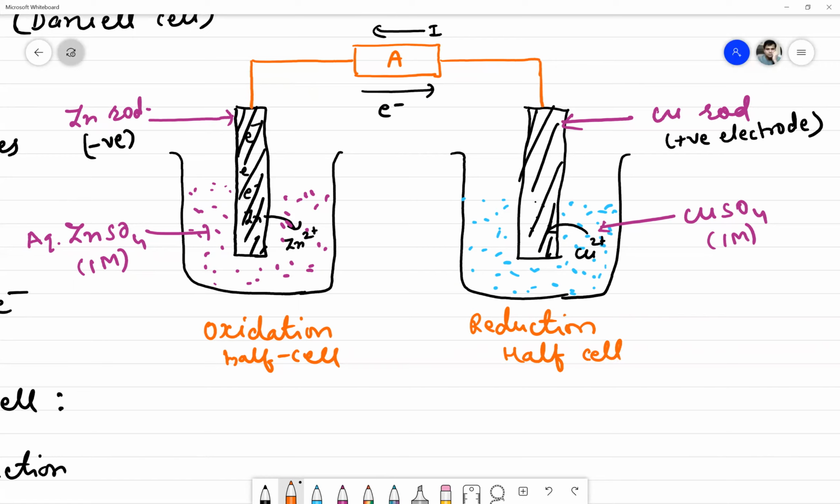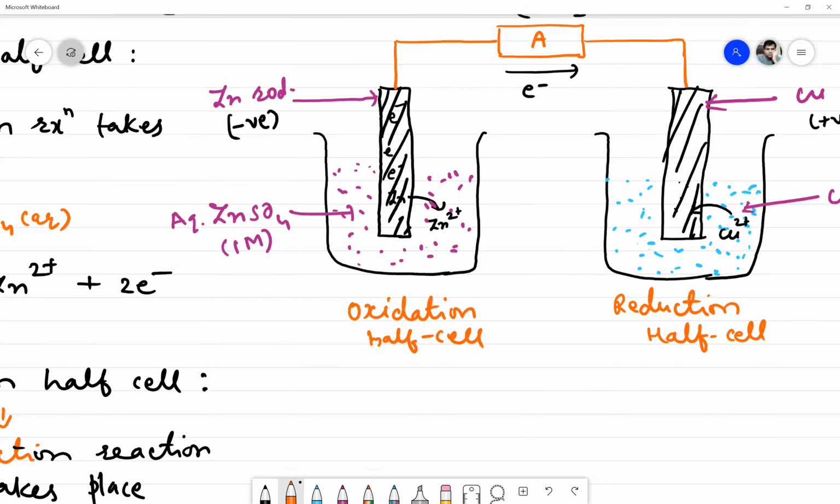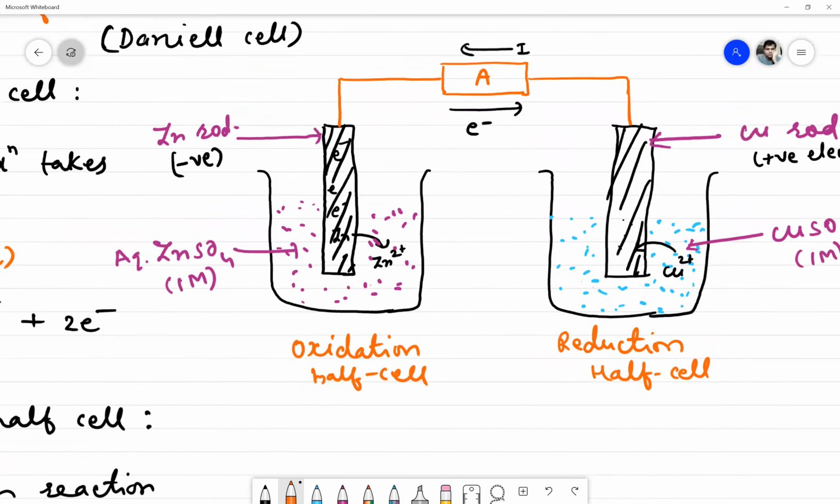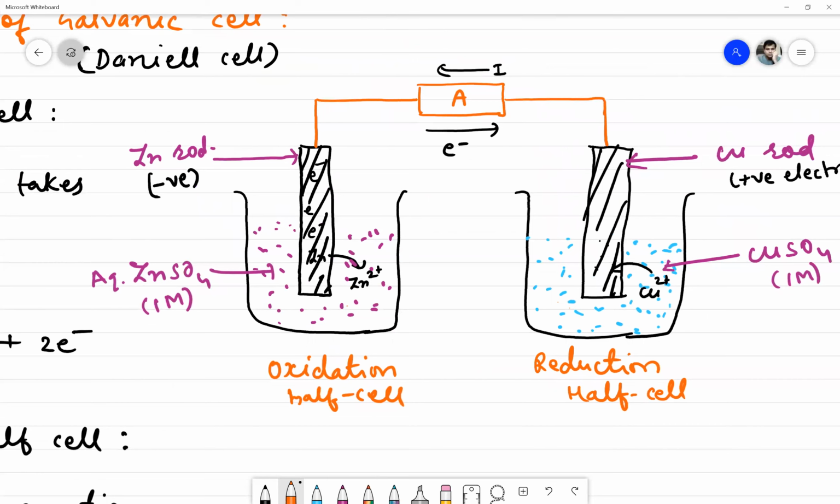You can see that the electrodes are connected, but still these liquids are not connected to each other. For this purpose, one more thing is used, that is called the salt bridge. A salt bridge is a U-shaped glass tube, which is filled with an inert electrolyte mixed with agar-agar gel.